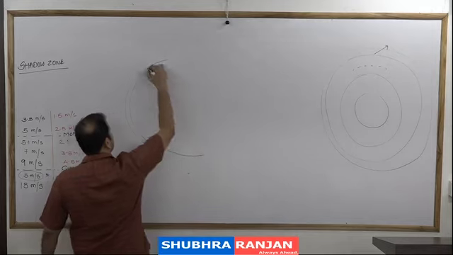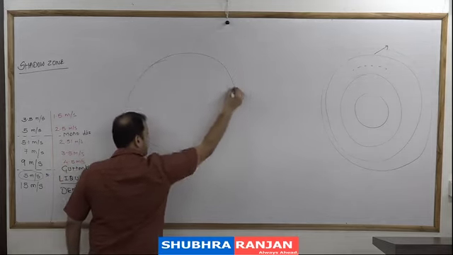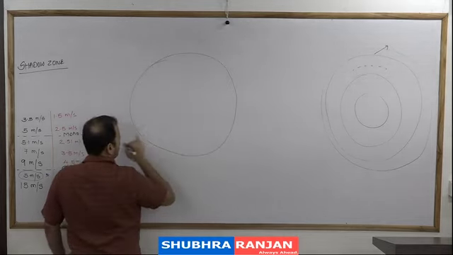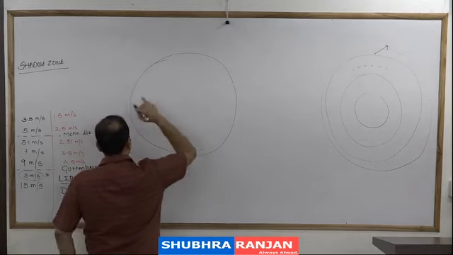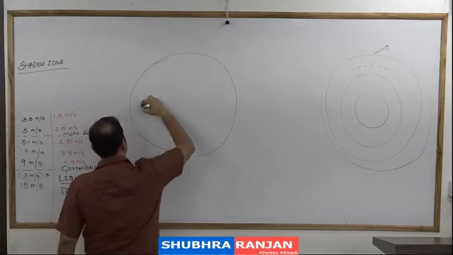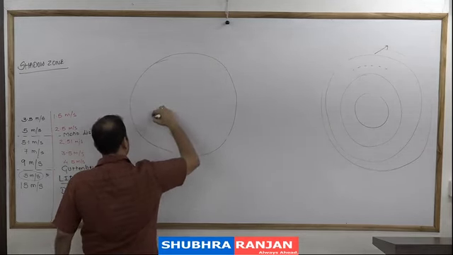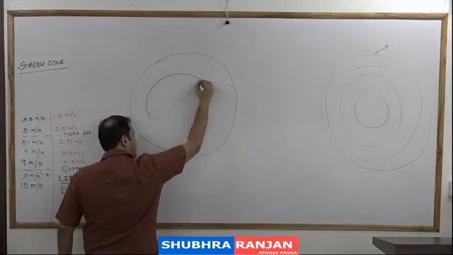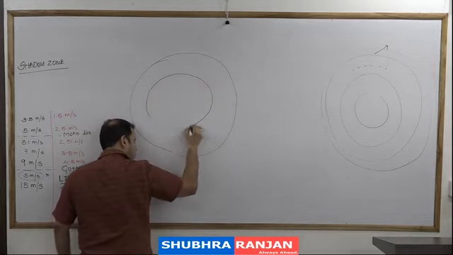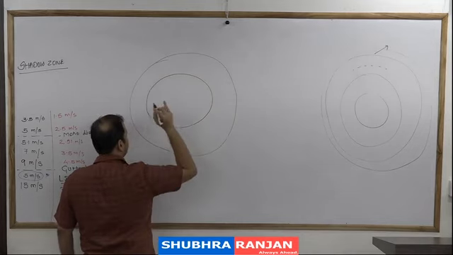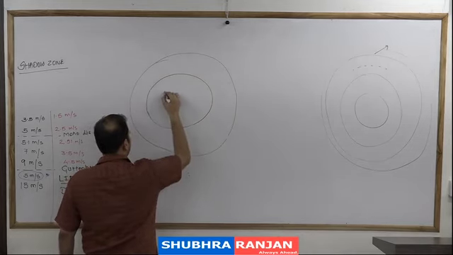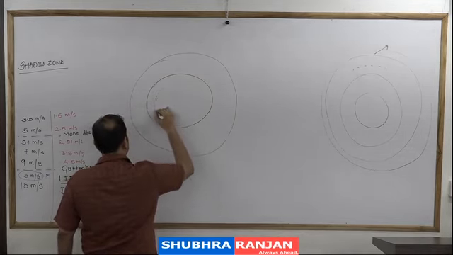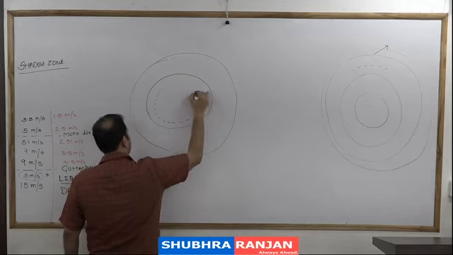Because the S waves do not pass through the outer core.